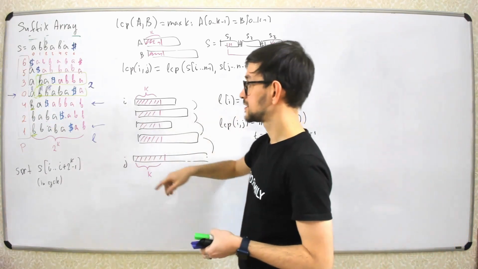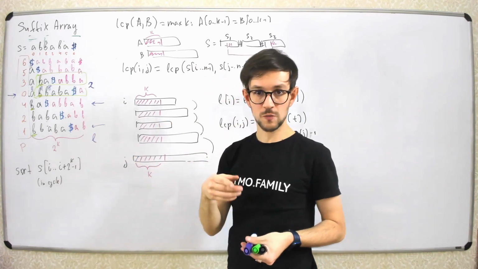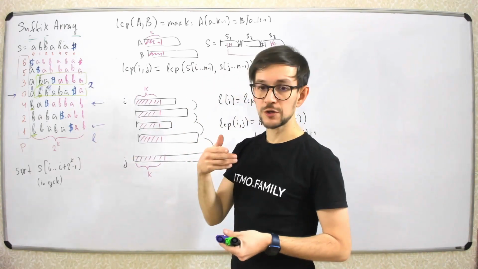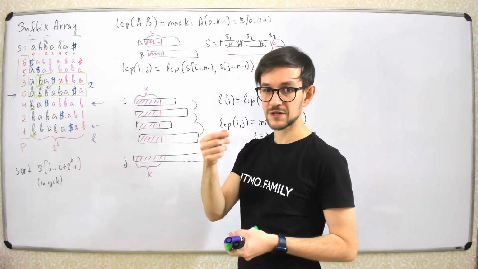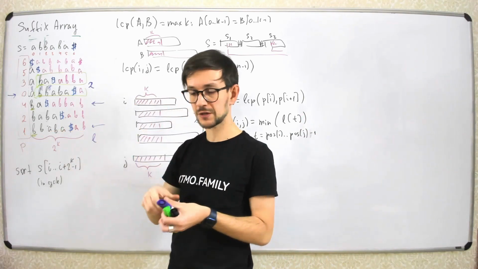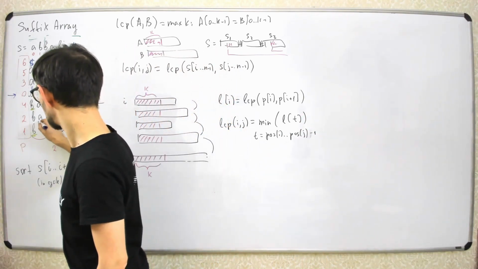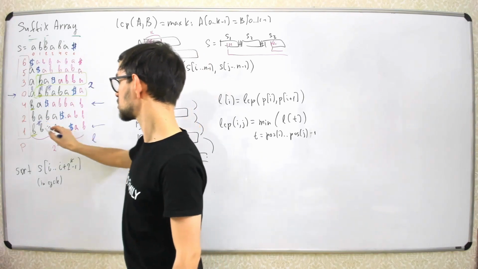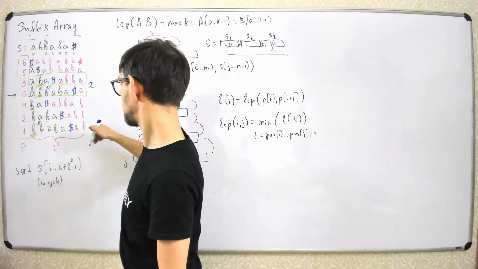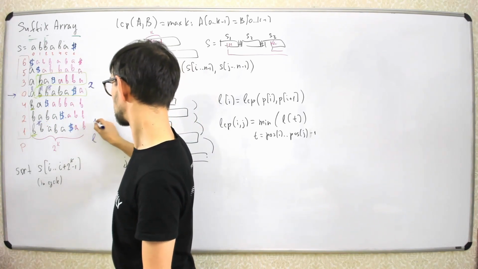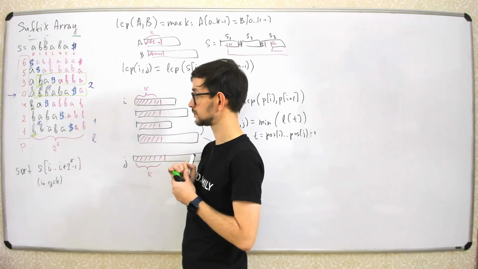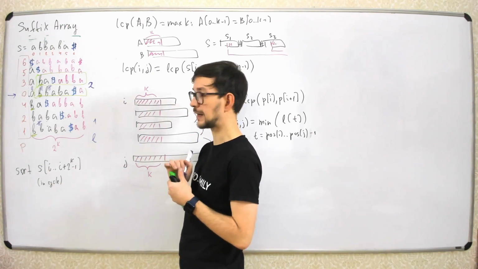It means that suffix 1 and the previous suffix also must have this one first character. So we don't need to check the first character. We can start from the second character. So we compare these two characters, see they are not equal, and just skip the first completely, and say that the answer here is 1. And so on.